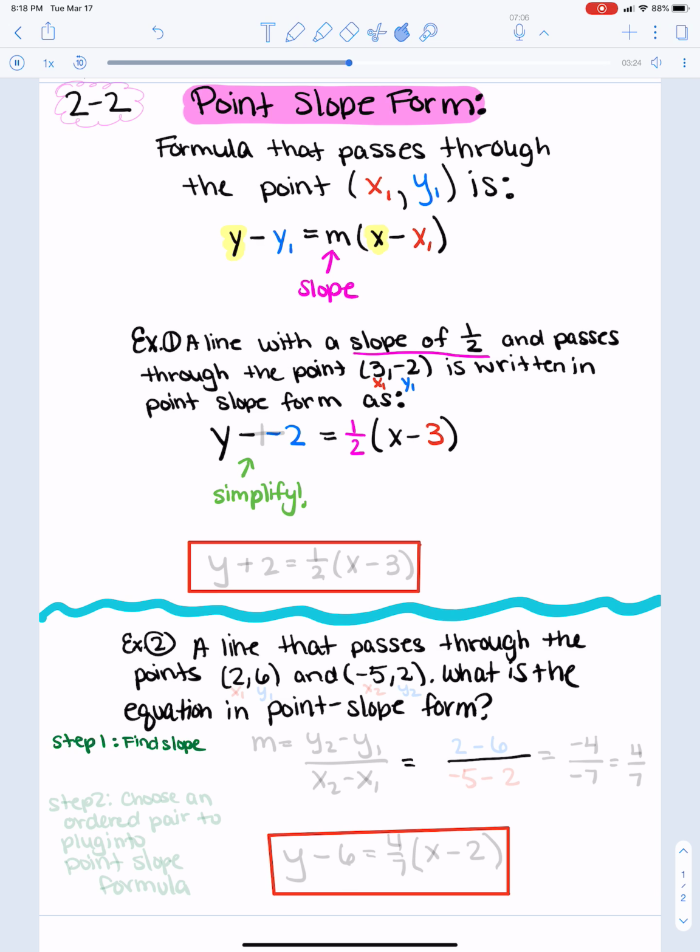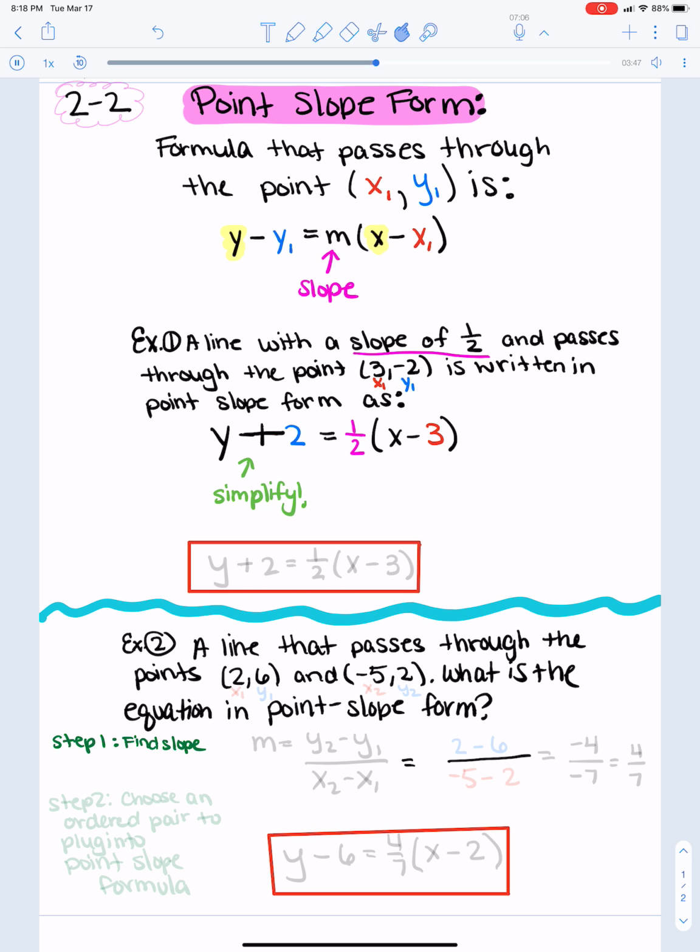That's it. But I'm not done because I can't leave y minus a negative. We have to fix that. So when we subtract a negative, we know that it becomes positive, or some of you I've told it becomes a superplus. So I want you to rewrite it. It has to be simplified.